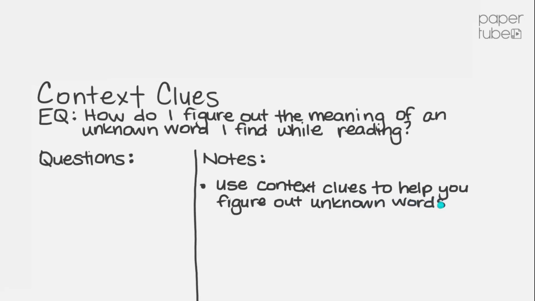So say you come upon something in a text, you don't know that word, you can use the tricks that we're going to talk about right now to help you come up with an idea of what that word might mean. But first we need to understand that word context. So that would be a vocabulary word, and you could put that here in your Q column. Context.